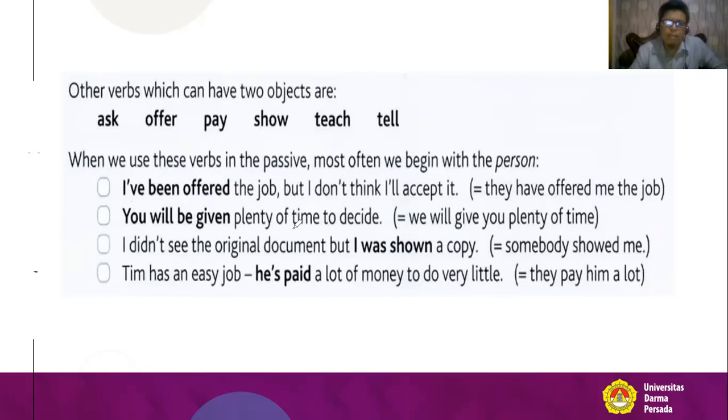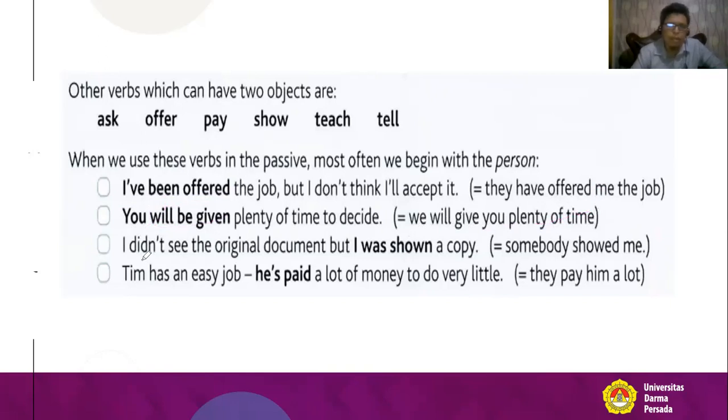You will be given plenty of time to decide. We have will, be, that is passive. Will be given. And then we are focusing on the person. Actually, the original sentence is that we will give you plenty of time. You is the first object, plenty of time is the second object.